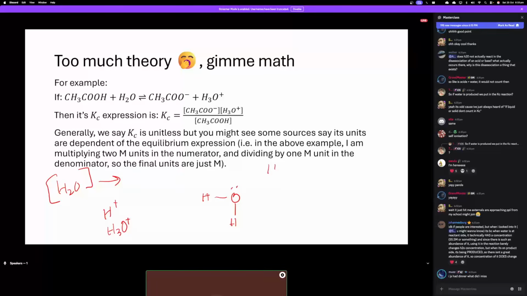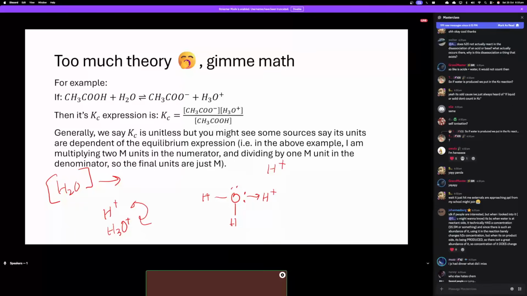Our little H plus ion will form a bond here. It'll steal these electrons, this lone pair, and it will just form a bond right here. It'll just take these two. It didn't have anything to share. Normally in covalent bonds, you'll see they share. It just takes it, right? So in a way, it is a polar force of attraction between these two.